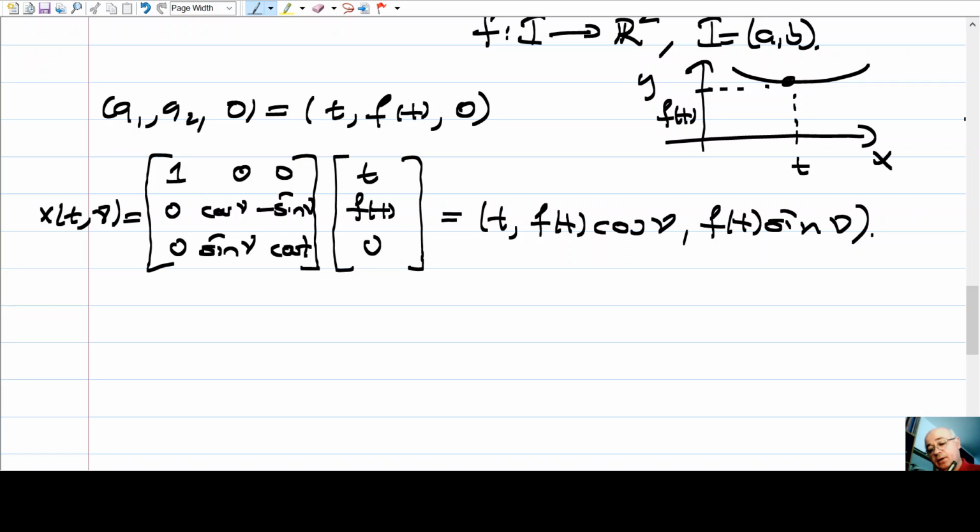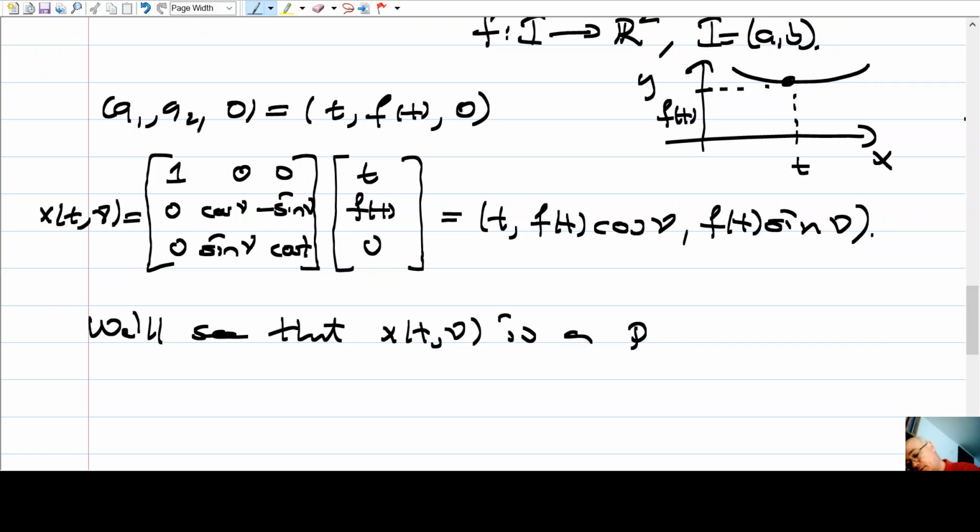We will see in the next section that this X of t, nu is a proper surface patch.